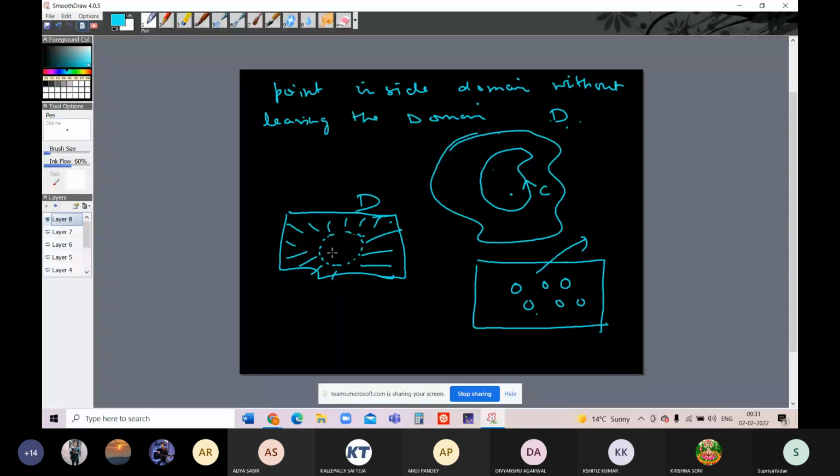And suppose we draw a closed curve inside this D, this is our simple closed curve, which lies inside this D. If we are shrinking this curve to a point in D, suppose to this point, without leaving this D this curve cannot shrink to this point, because while shrinking it will surely cut across the hole, so it has to go outside D once. So in simple words we can say that a region without any hole is called a simply connected domain.